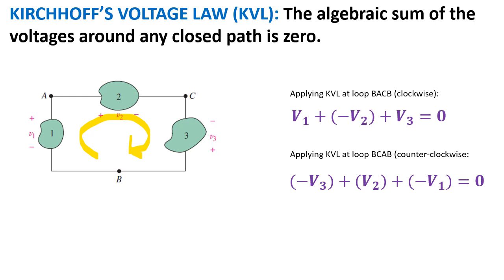If we multiply the equation for the clockwise loop by negative one, you will get the equation for the counterclockwise. So when you apply KVL in a closed path along a network, it doesn't matter whether you do it counterclockwise or clockwise, because you will still get the same equation. So that's it for the basics of Kirchhoff's voltage law.